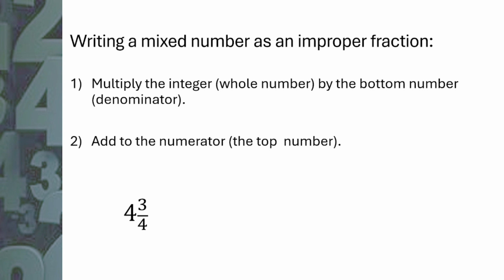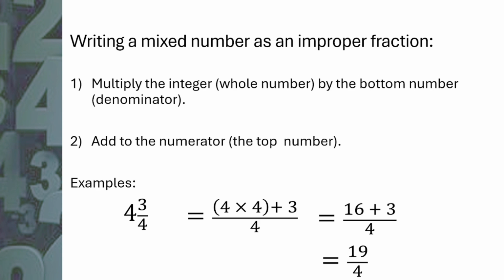So this is 4, the whole number, times 4 at the bottom of the fraction, plus the 3 from the top. 4 times 4, of course, is 16. So we have 16 plus 3, which is 19. And of course, the denominator does not change throughout the whole process, so we keep the same denominator.